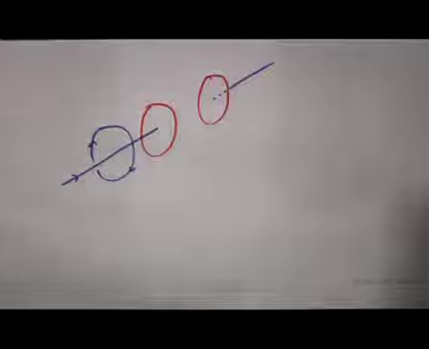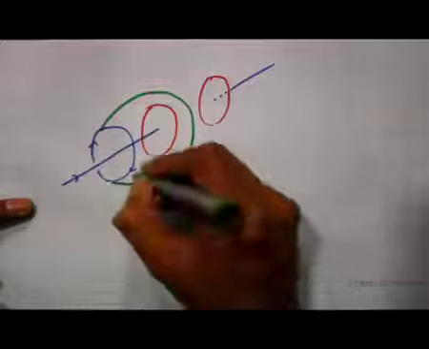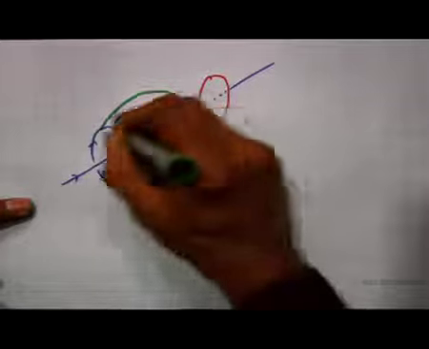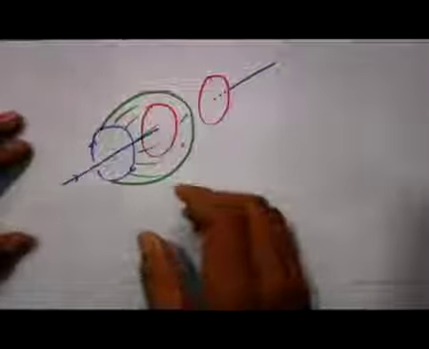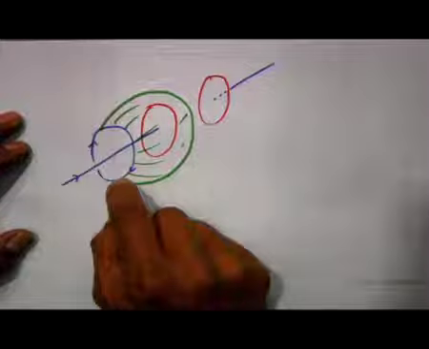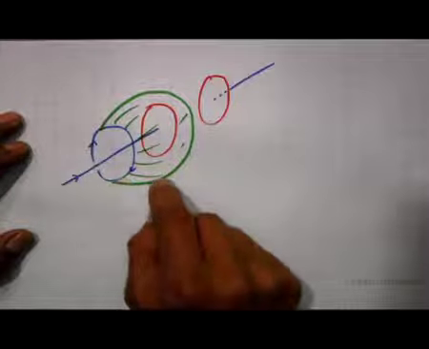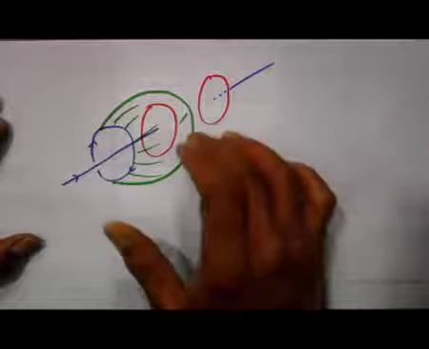I can choose a surface which looks like this. That surface still has this loop as the boundary, but that surface does not intersect the wire anywhere. It passes between the capacitor plates.